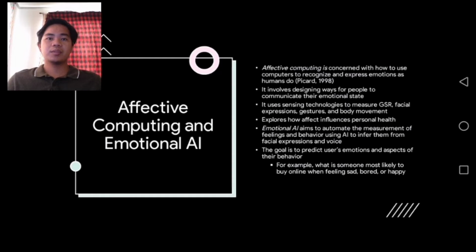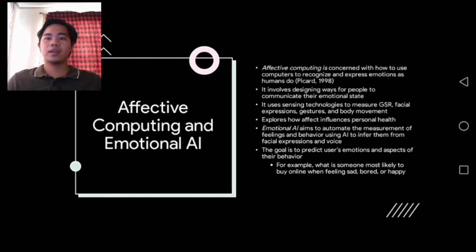Affective computing and emotional AI. Affective computing is concerned with how to use computers to recognize and express emotion as humans do (Picard, 1998). It involves designing ways for people to communicate their emotional state. It uses sensing technology to measure GSR, facial expression, gestures, and body movement.